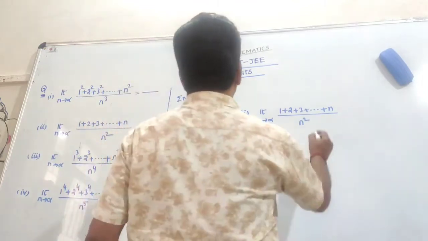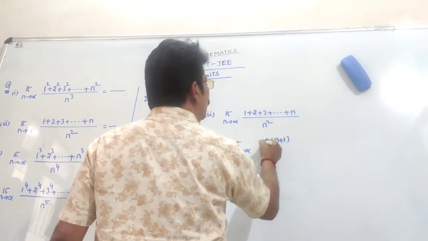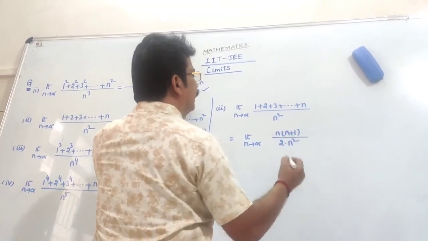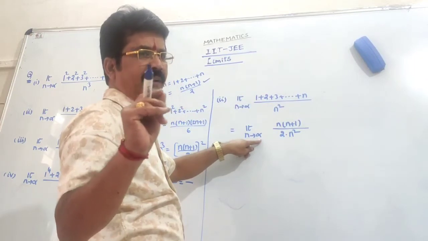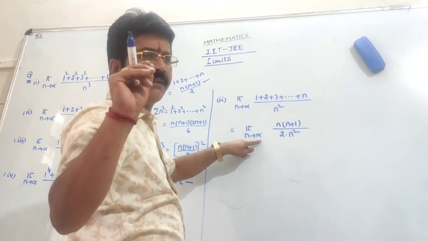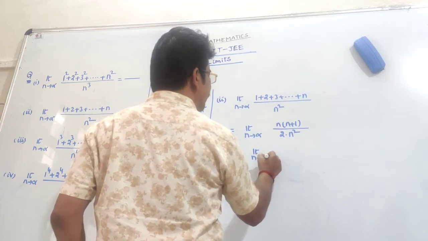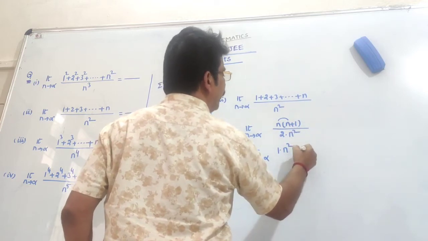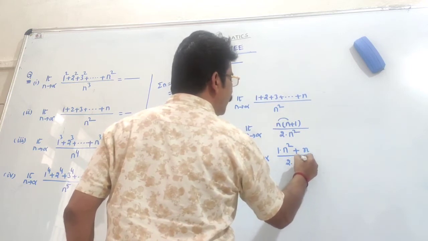You come here. So it is nothing but the first formula, n(n+1) all divided by 2 times this n², as n tends to infinity. Already I said that if the degree of the numerator is equal to the degree of the denominator, then we take its coefficients. That is equal to limit n tends to infinity of (1·n² + 1·n) divided by 2·n².